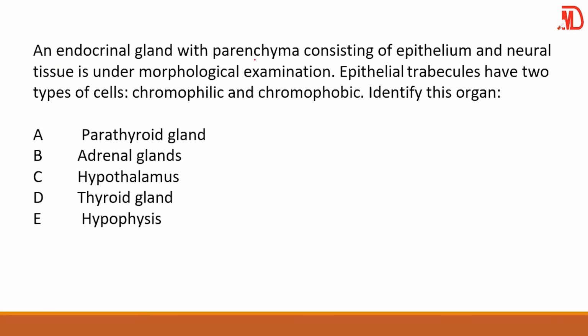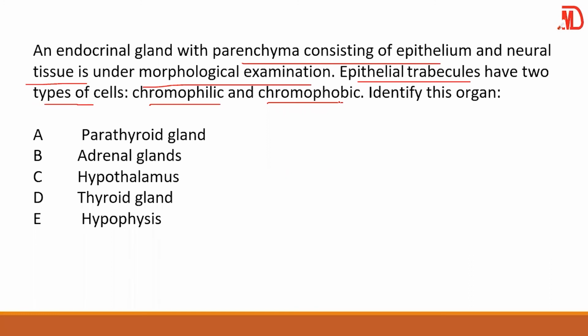An endocrine gland with parenchyma consisting of epithelium and a neural tissue is under morphological examination. Now, the epithelial trabeculae have two types of cells: chromophilic and chromophobic. Identify this type of cell. Now, over here, when we talk about the chromophils, these can be alpha cells or beta cells. When we say alpha cells, we are referring to acidophils.